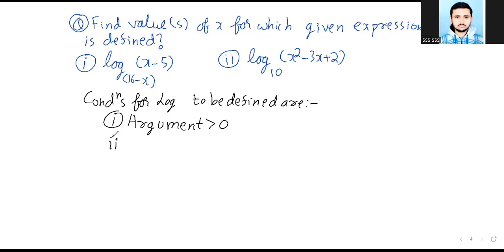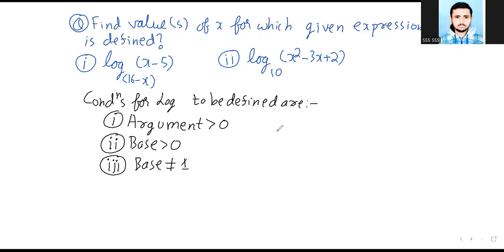The second condition is that the base needs to be positive, so base is greater than 0. And the third condition is that the base cannot be equal to 1. So let's check all of these 3.